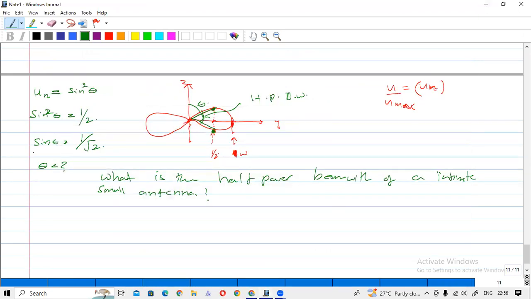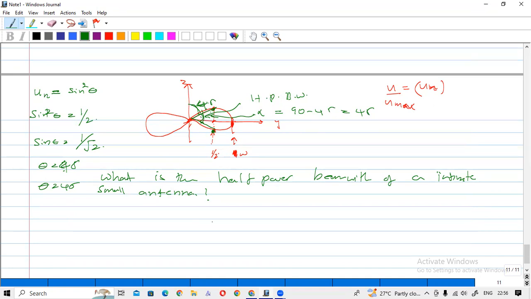So the theta is nothing but 45. Actually, this value is 45. If you need to find the half power beam width, you have to find this value alpha. What is that? 90 minus 45, that is again 45, and the half power beam width is 2 times alpha.